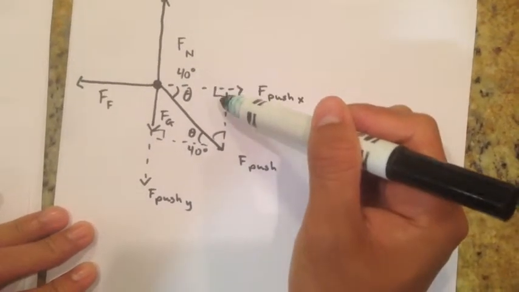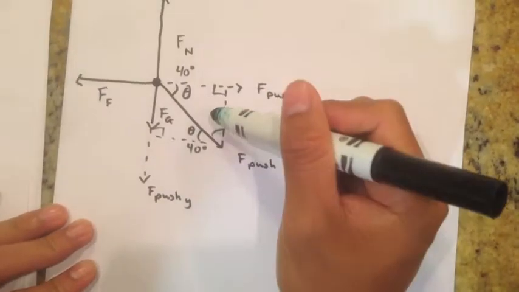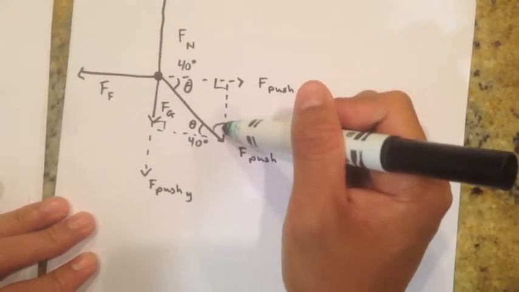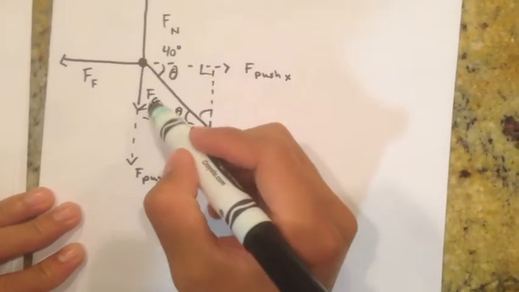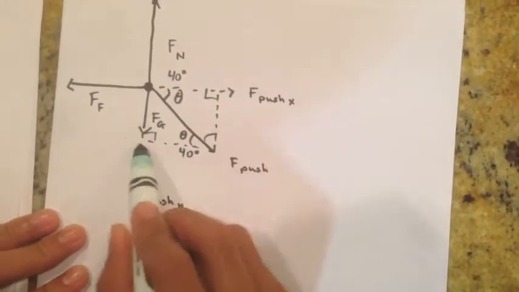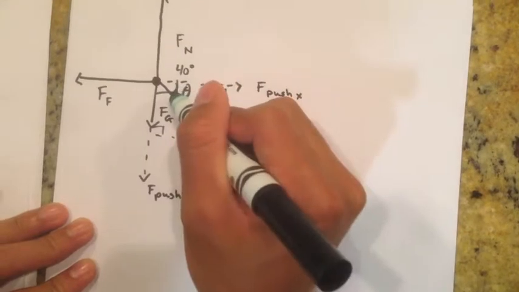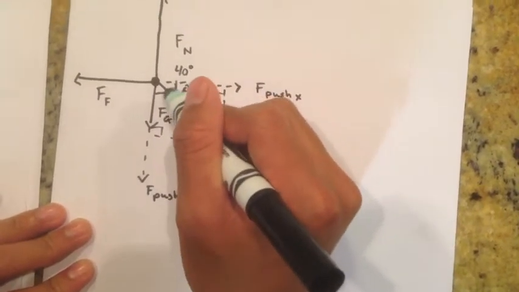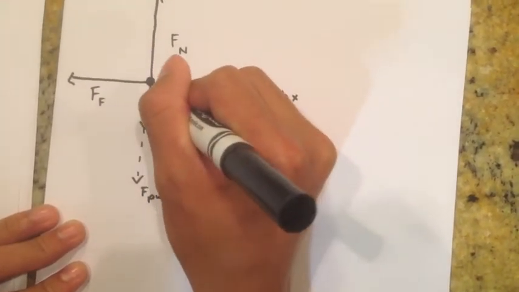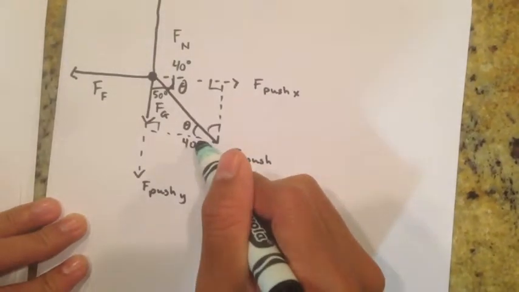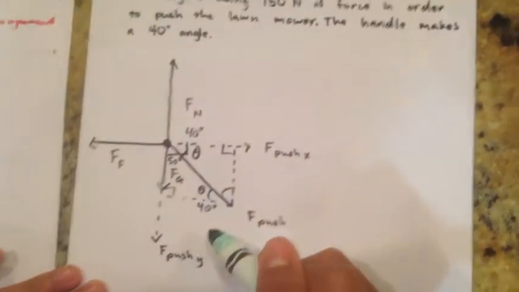And we know that the angles of a triangle add up to 180 degrees, so this angle must be 50 degrees. This right triangle also has a 90 degree angle, and 90 minus 40 equals 50. So that means the last angle must be 40 degrees.